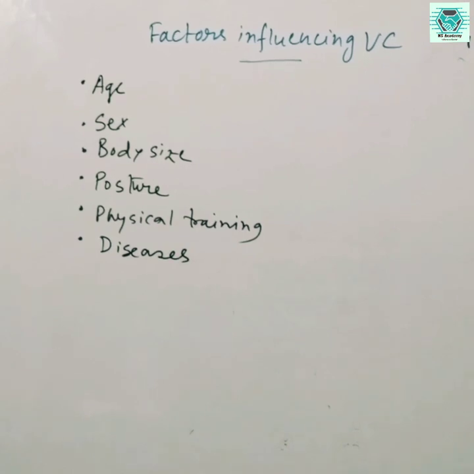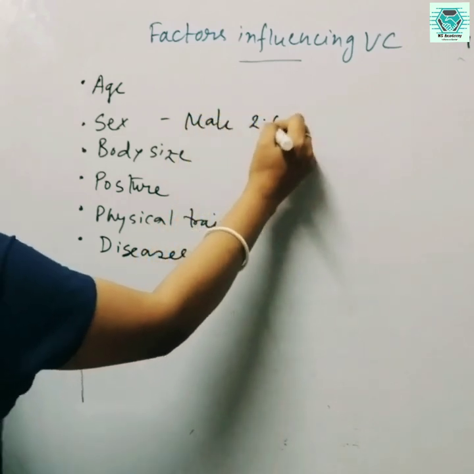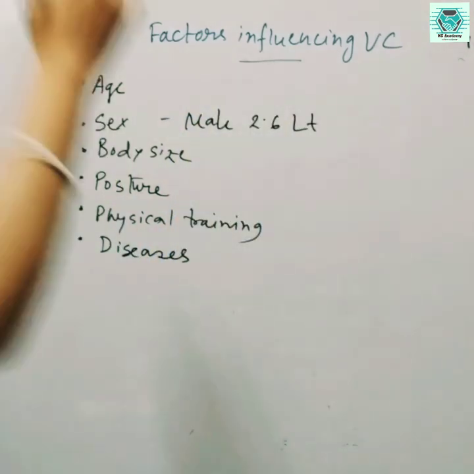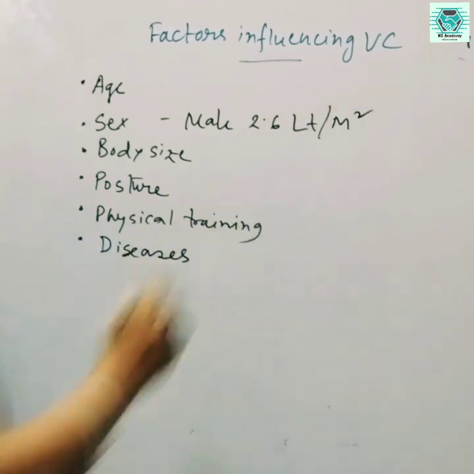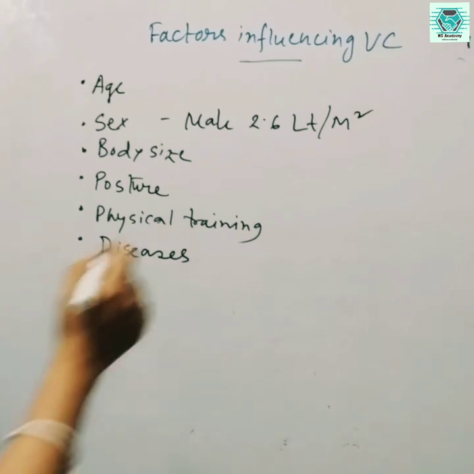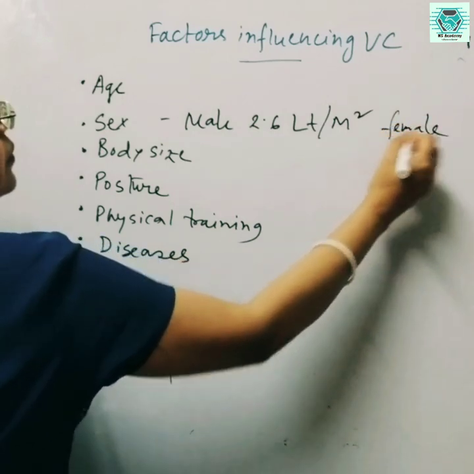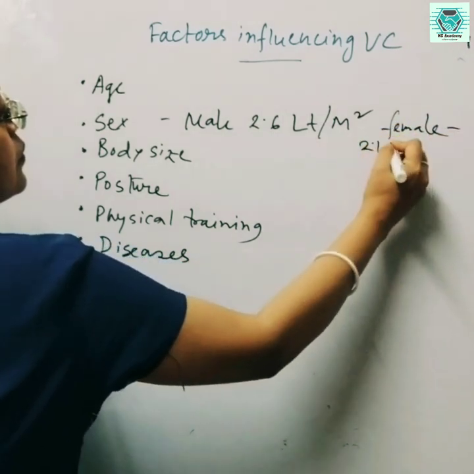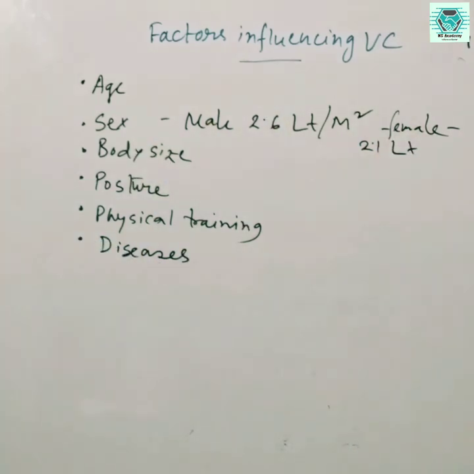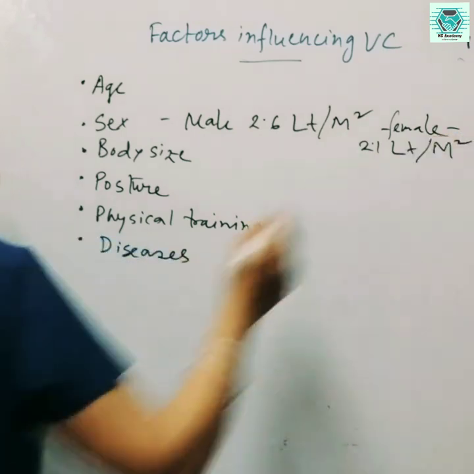Now what is the value? In male it is 2.6 liter per meter square, and in case of female 2.1 liter per meter square. M for meter, meter square.